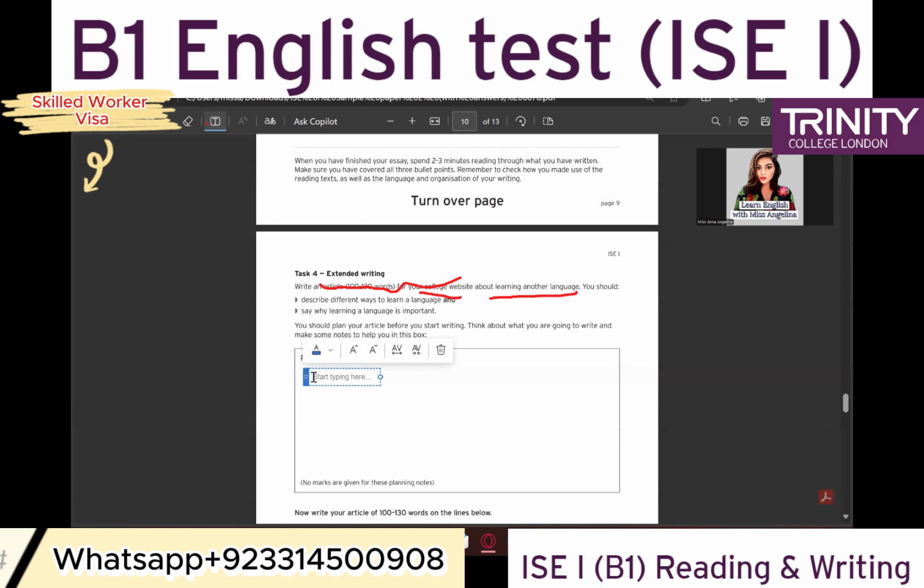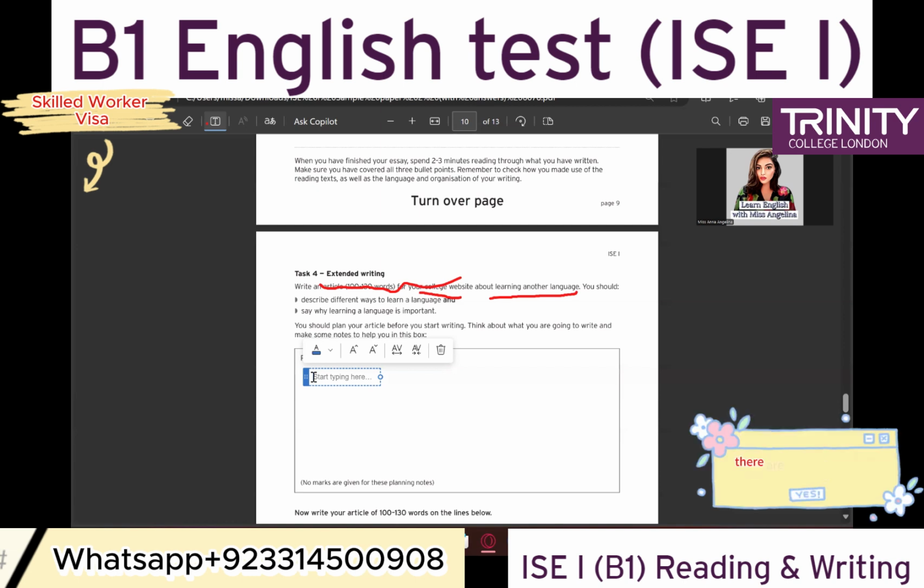Describe different ways to learn. Yeah, there are different ways to learn a language. Nowadays, we can learn language on the internet, on personal devices, and one more thing is you can learn language while watching TV or movies with subtitles.